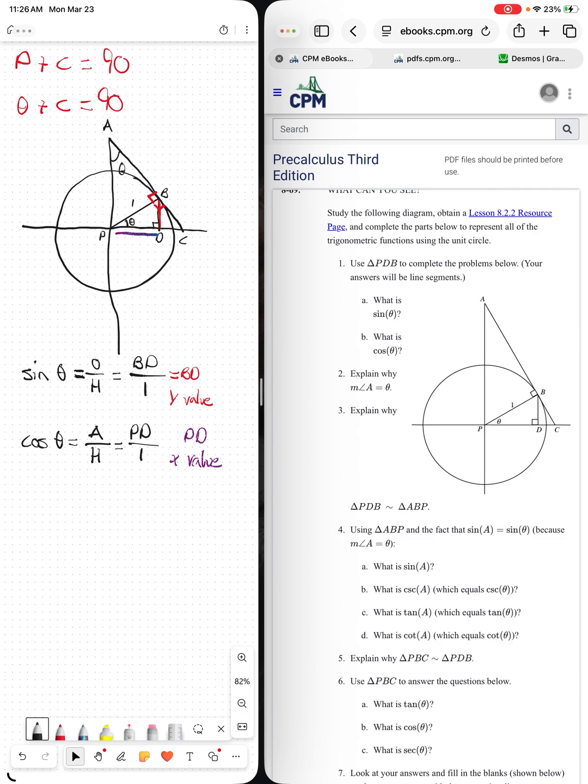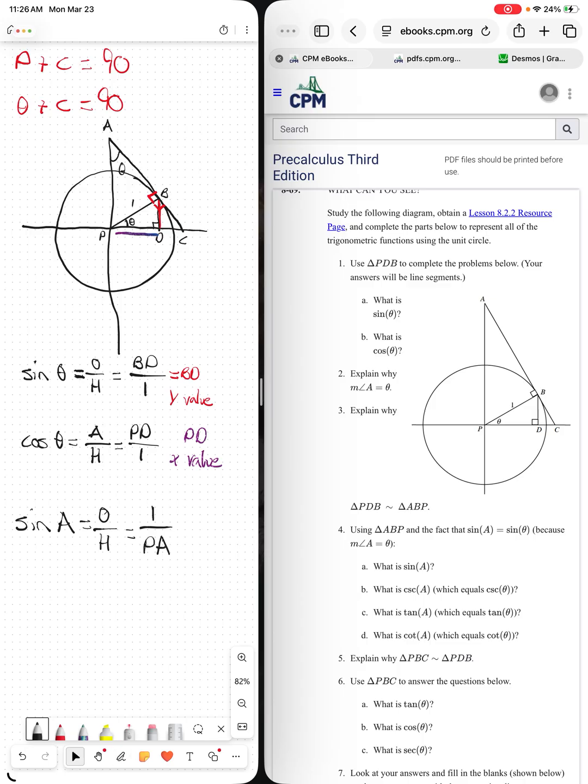Using ABP and the fact that the sine of A is equal to the sine of theta, what is the sine of A? Sine of A, again, is opposite over hypotenuse. Opposite is 1. Hypotenuse is PA.